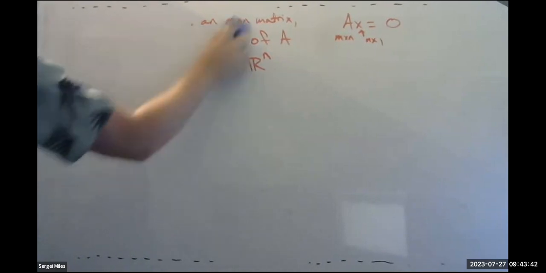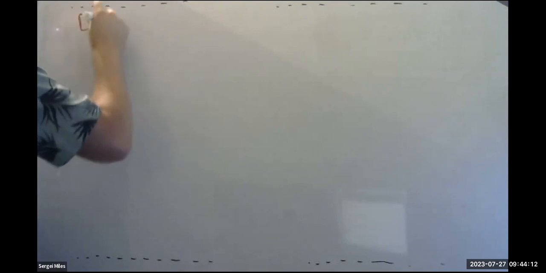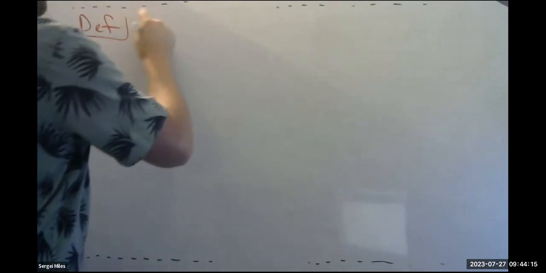Okay, so what else can we do? All right. So we have another type of space. I'm just going to give you the definition, and then we'll talk about some examples. So again, A does not have to be square.